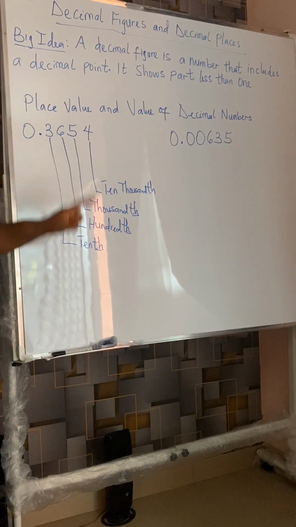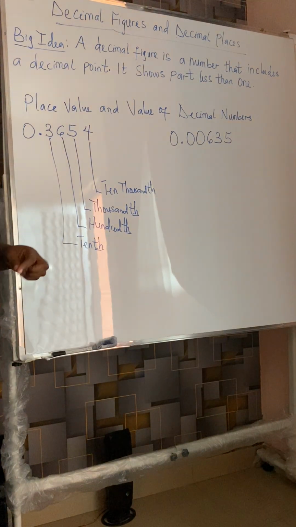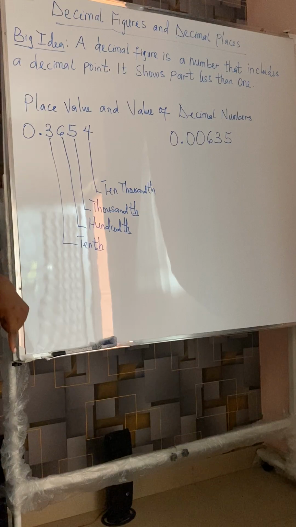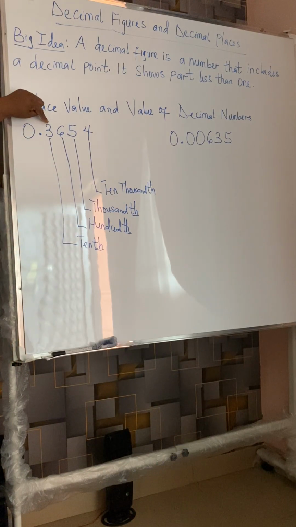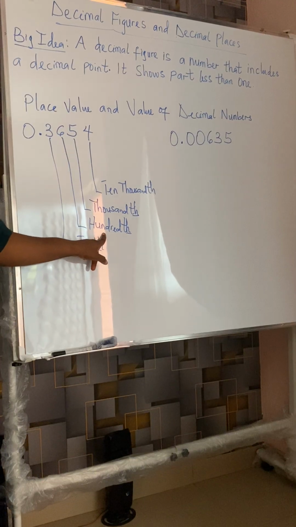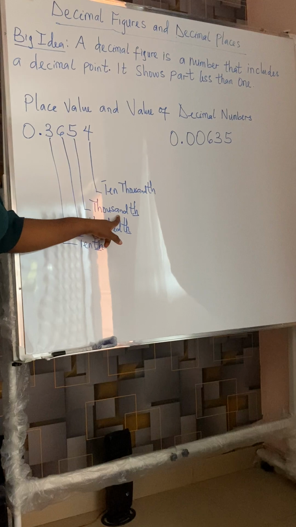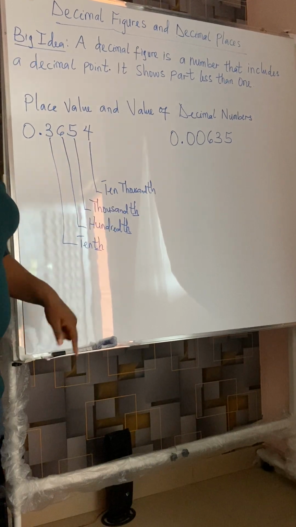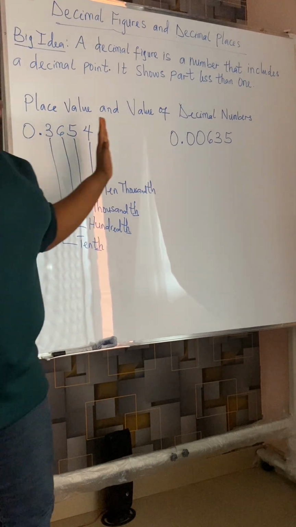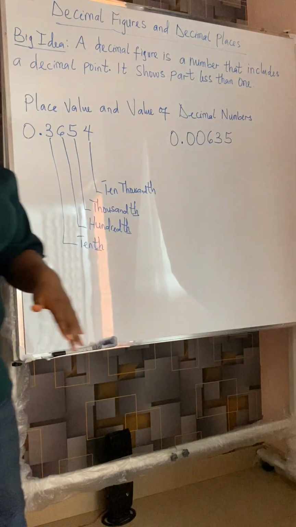Even if 6 ordinarily is bigger than 3, like children will say, please take note that because of the positioning, you have 3 here for the tenth. The tenth house is bigger than the hundredth house. The hundredth house is bigger than the thousandth house, and the thousandth house is bigger than the ten-thousandth. As you continue to increase in decimal places, the size or the scale of the number drops.